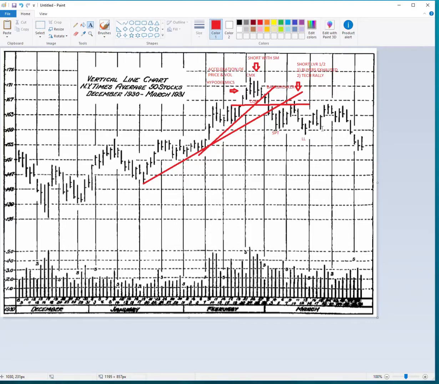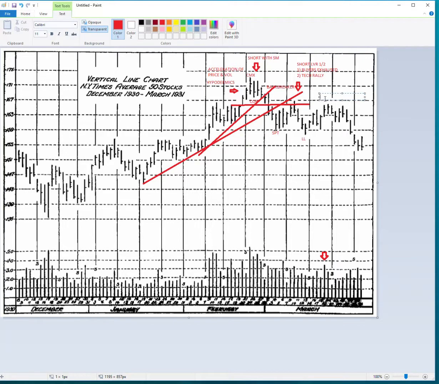But before I get to the lower high, the other indication that's extremely important, where is this? Is this sudden increase in volume, which occurred right here. He calls this climactic, but you could call it climax or whatever you like.